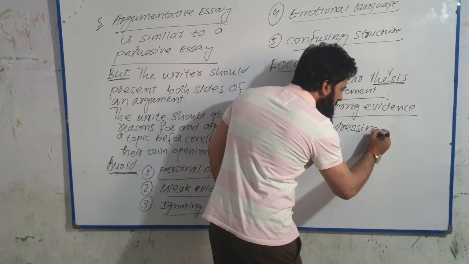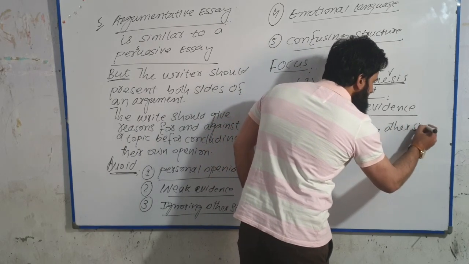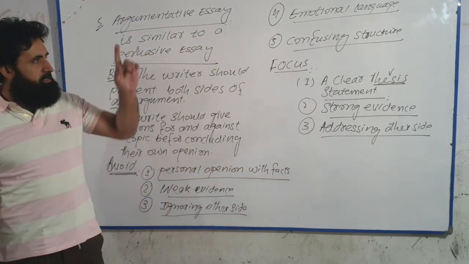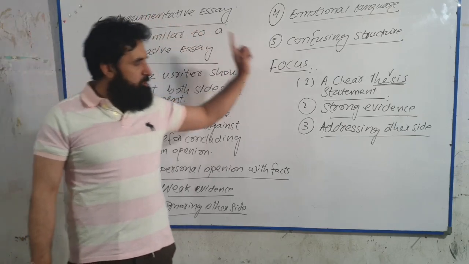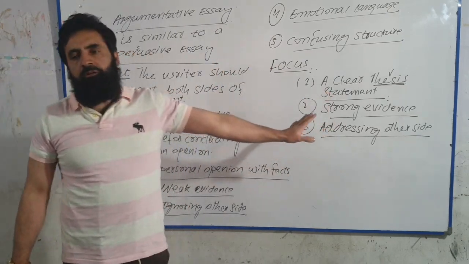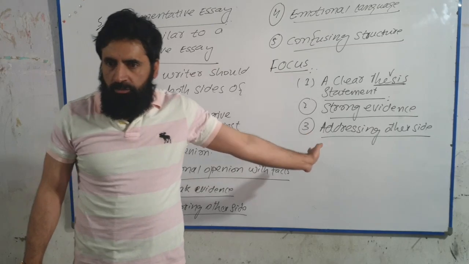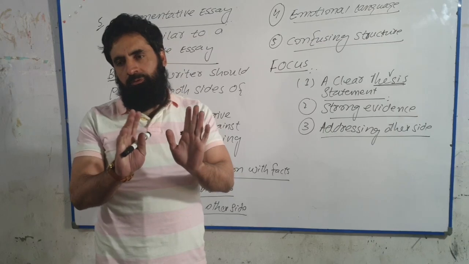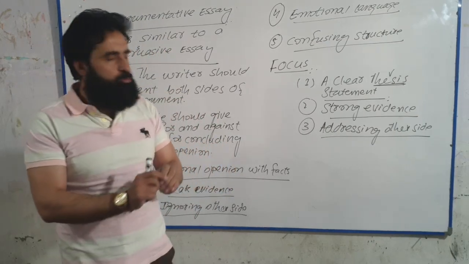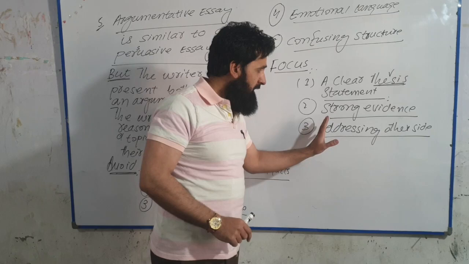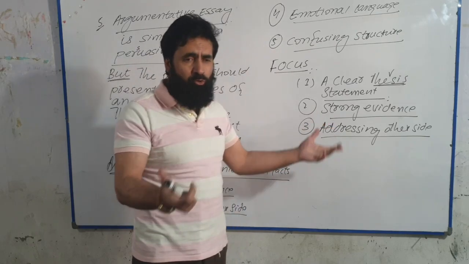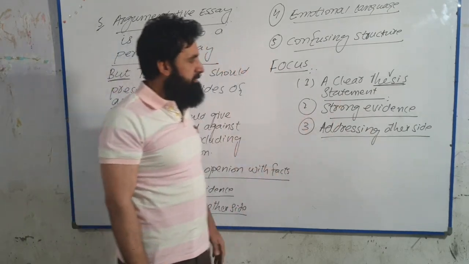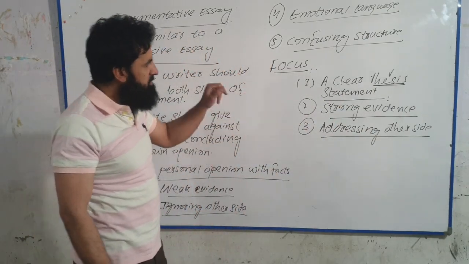The writer should begin the argumentative essay with the opposing view, and the writer will prove that the writer's point of view is much more important, much more strong, much better than the other side. So these three things are the first three focuses.